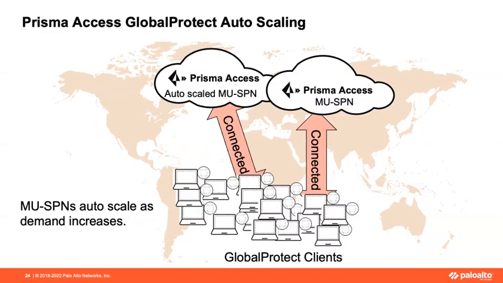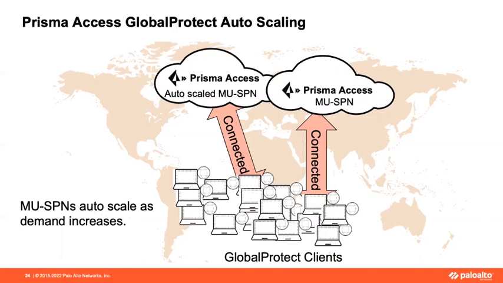Prism Access for mobile users, these mobile user SPNs, will automatically scale to meet the number of users in a particular location. Basically, what we'll do is we will continue to deploy and cluster together multiple nodes, multiple security processing nodes to meet demand. This is automatically done. There's nothing that has to be configured to make this happen. There's no cost involved in this.